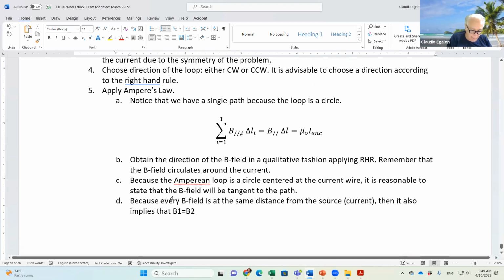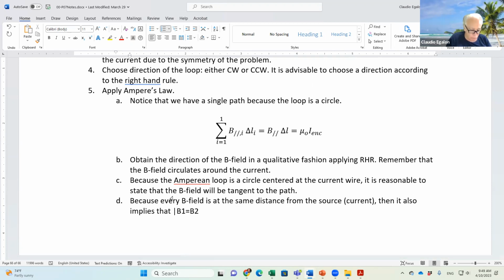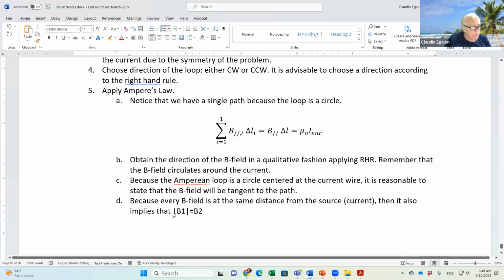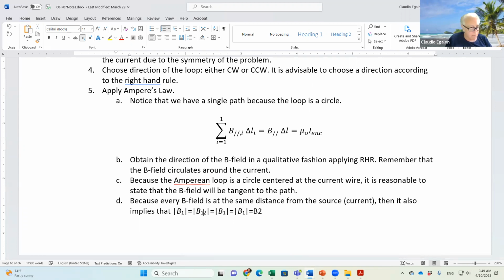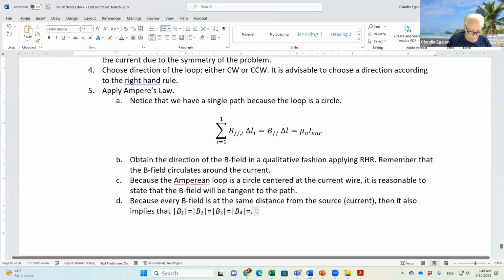It also implies that the magnitude of all those fields are going to be equal to each other. B1 equal to B2 equal to B3 equal to B4.